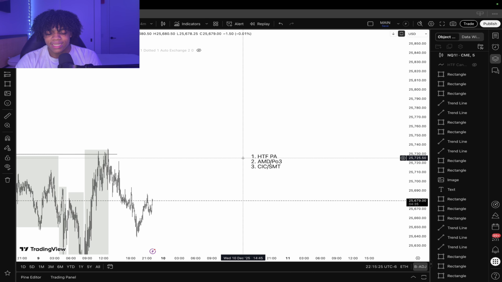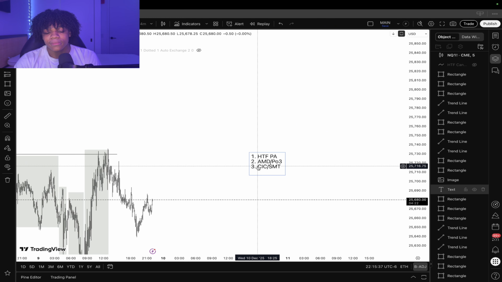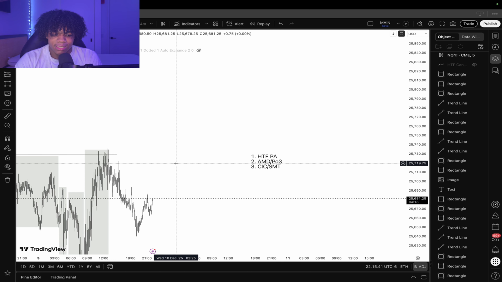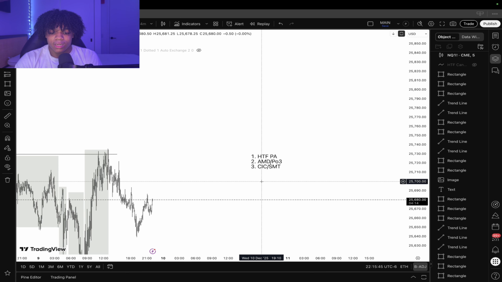Higher time frame price action. We're seeing if we are respecting bullish PD arrays and disrespecting bearish, or vice versa in a bearish scenario. The next step is identifying our accumulation, manipulation, and distribution, slash power of 3. And the very last thing, to make sure we get in at the correct time, right, is using our Kraken correlations or SMT divergences.